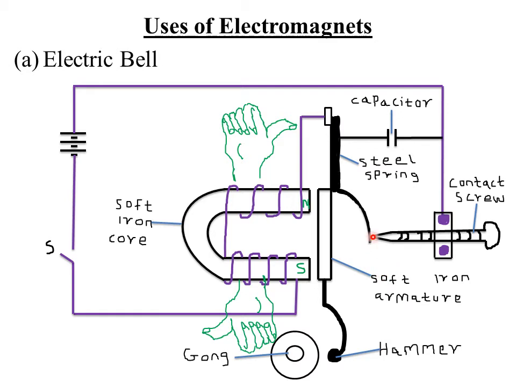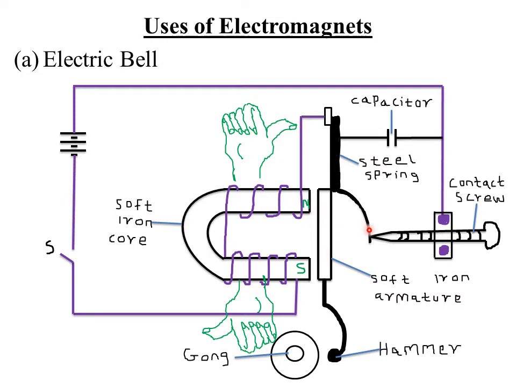When it moves, it breaks this contact. Therefore, the current flowing through this particular cable also dies off. When the current dies off, the soft iron armature loses the magnetism. Therefore, the soft iron armature is returned back.